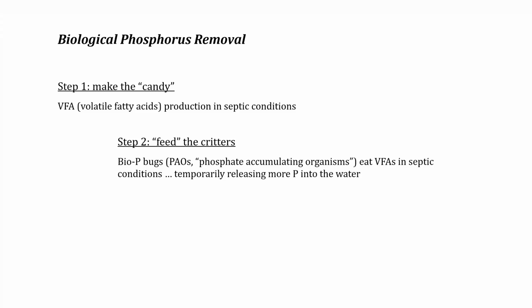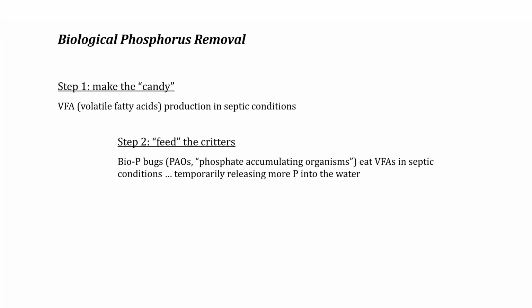And the second thing is we get those volatile fatty acids into the mouths of the right organisms. Well, they don't have mouths, but available to the right organisms. So the phosphate accumulating organisms, the microbes that remove phosphorus biologically under septic conditions, if you put some mixed liquor in there, they will feed on the volatile fatty acids.